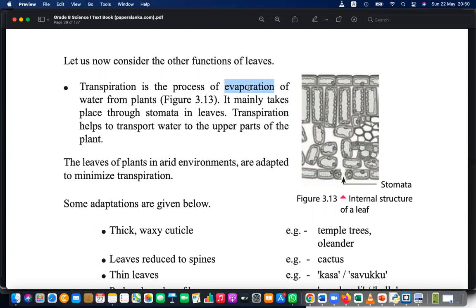Yes, evaporation. Water becomes gas? Yes, when a liquid becomes gas, we call that evaporation, not just water. When a liquid becomes gas, we call it evaporating or evaporation.